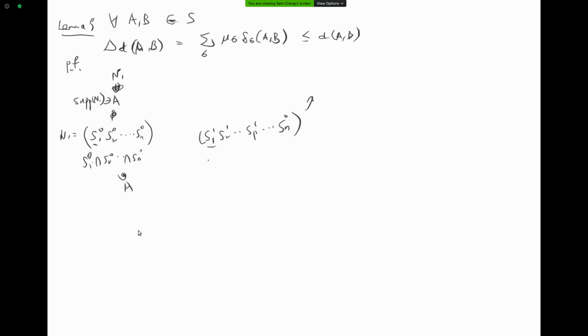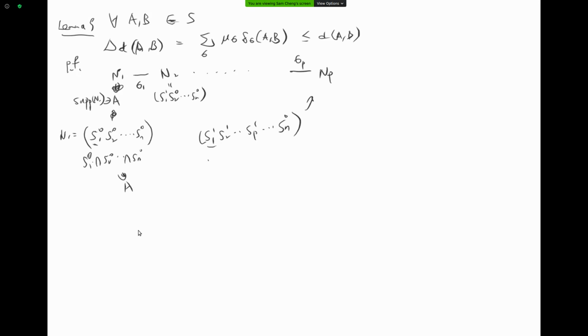So I have M2 is something like S11, S20, and so on, Sn0. So it's just the first split that is different. So the edge between M1 and M2 is sigma 1, and so on and so forth, until this one is sigma p, finally connecting to MP.